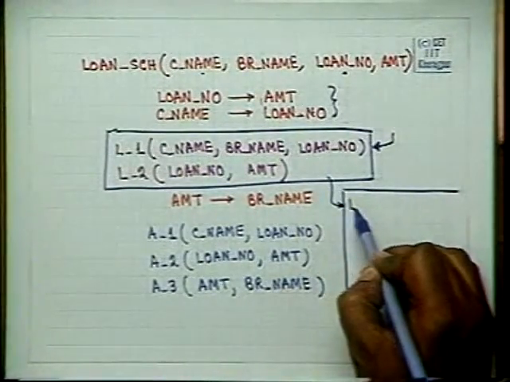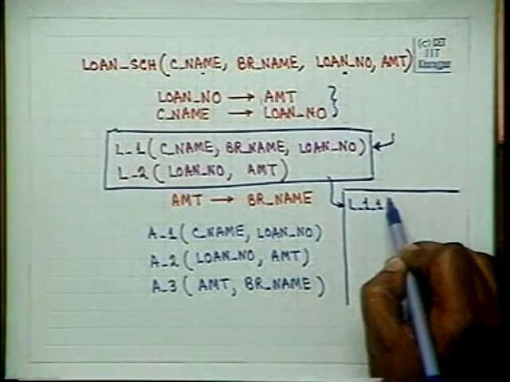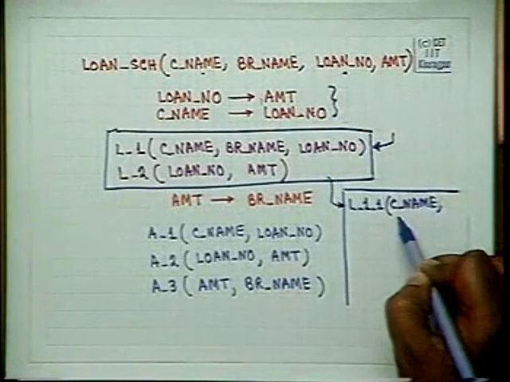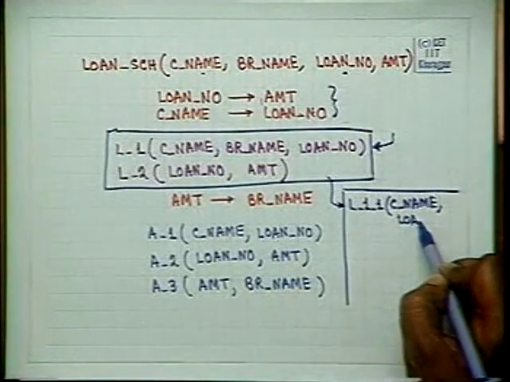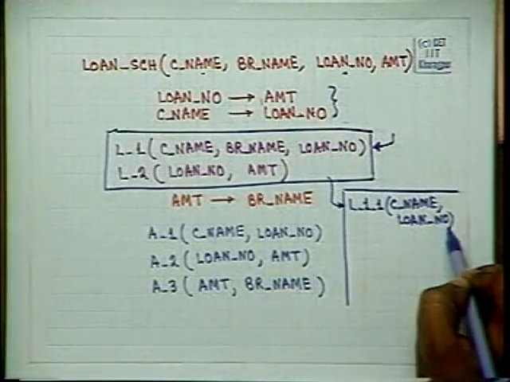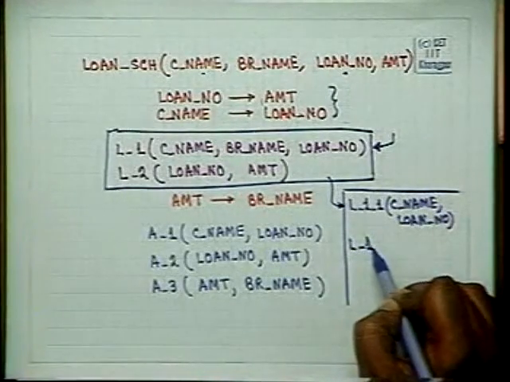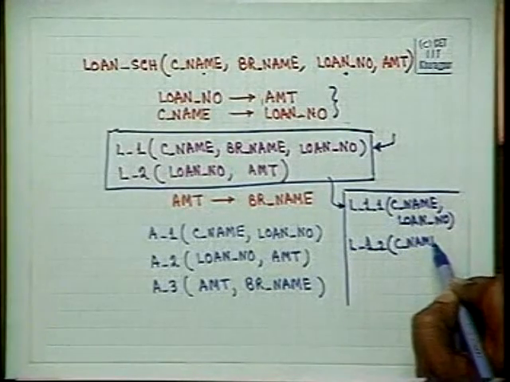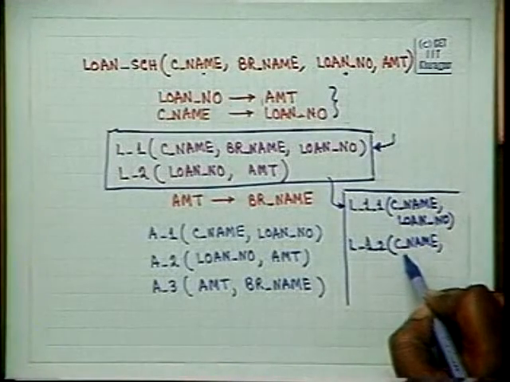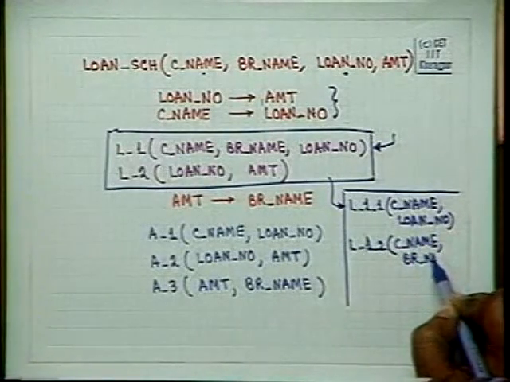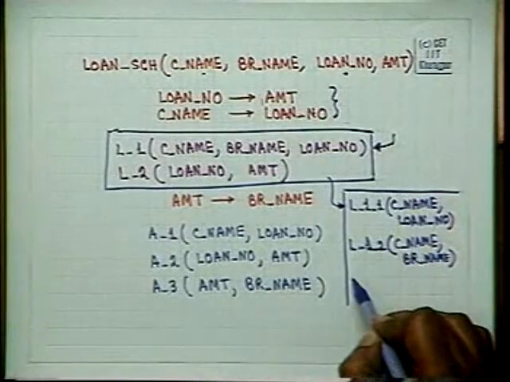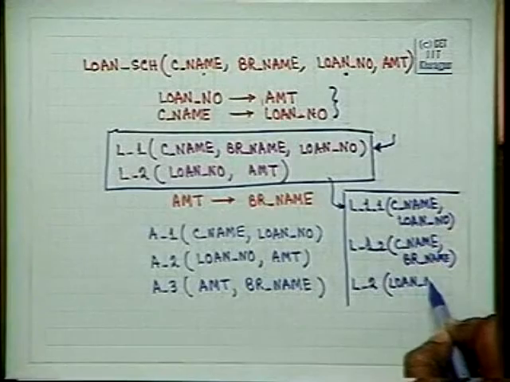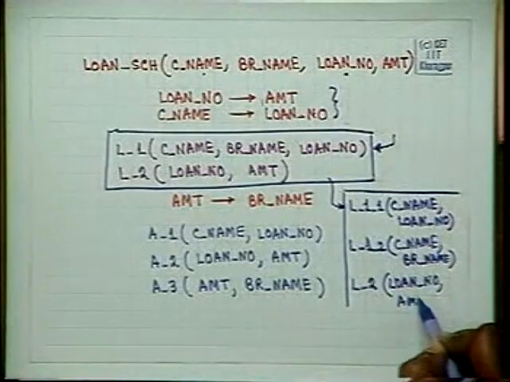One is L11 with CNAME and loan number. The second is L12 with CNAME and branch name, and the third is the same L2, with loan number and amount.